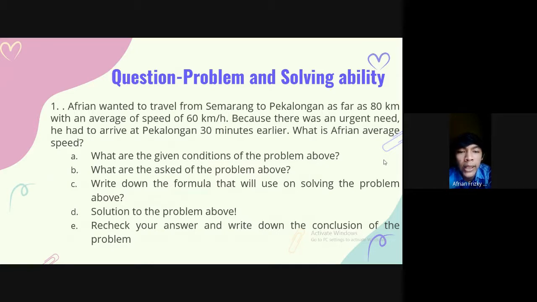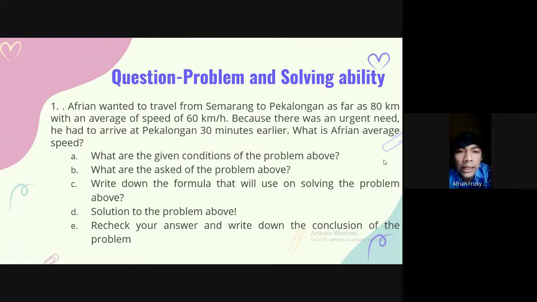Here points A and B refer to the first step of Polya, that is understand the problem, and then write down the formula that we will use on solving the problem above. And this is the step of planning the problem.